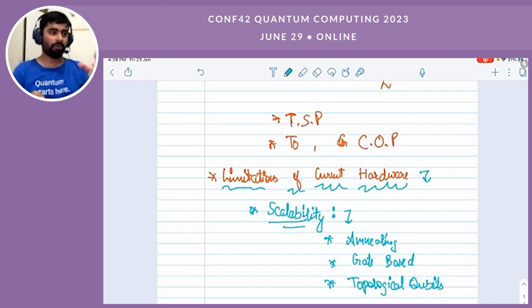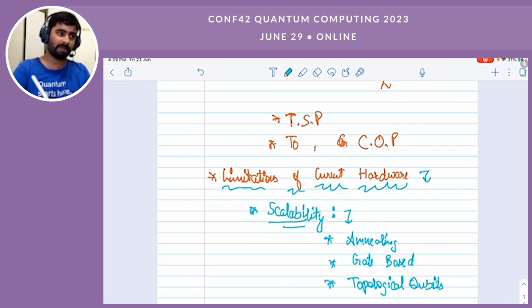And as we proceed, we'll also talk about quantum error correction as a sort of extra weight which we need to carry whenever we are trying to solve anything on a quantum computer. So coming back to this, scalability becomes an important aspect because, due to aspects like quantum error correction, we are already losing some qubits.